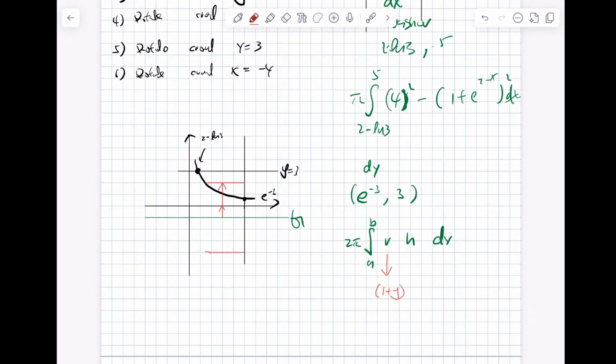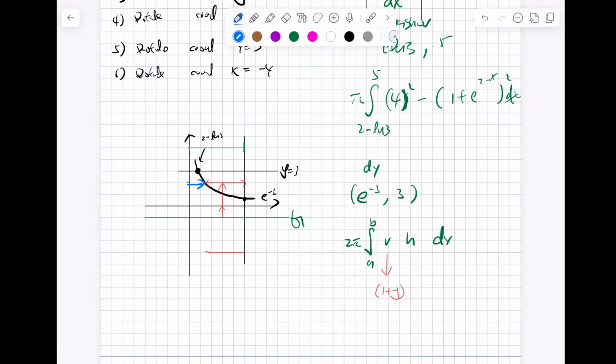The height is the difference between two functions. But then you want to get it from exactly here to here. And you say, okay, well, I know the functions from here to here. So I can do the 5 minus the function, which is the green take away the blue to get red.